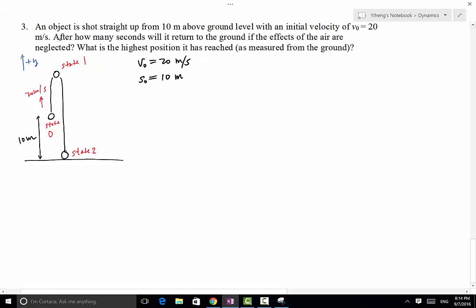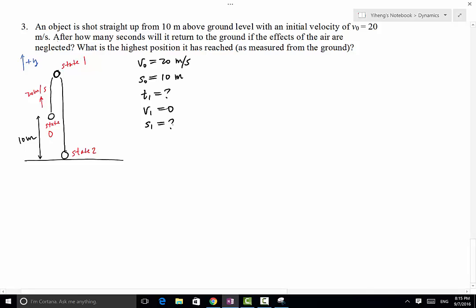What else do we know? We don't know the time, t1, but we do know that v1 is 0. v1 is the velocity of this object when it is at the highest position. At that point, the velocity is 0. And we do not know what S1 is. What is that highest position? We do want to find out.